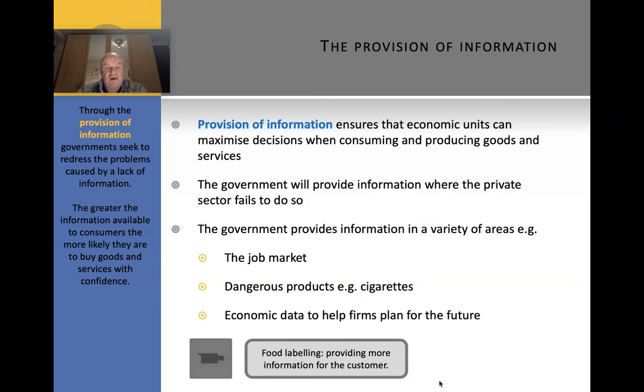So that might be based on the government looking at forecasts and where they think that interest rates might go in the future via the information that they can get from the Bank of England, and present that to firms, and also maybe looking at other sources of data which are going to give some sort of idea of where the economy might go in the future. So all of those things can be done by the government to try to reduce market failure.